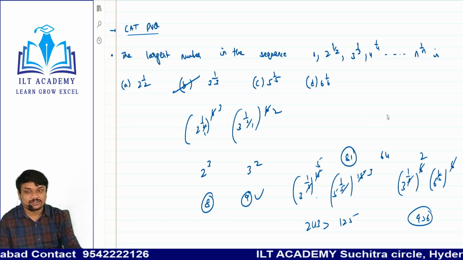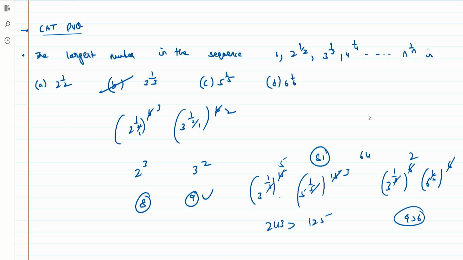It looks easy. They are in the sequence but options are these only, now why are you worrying?